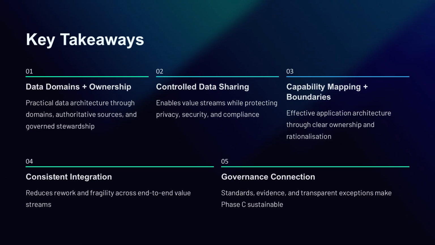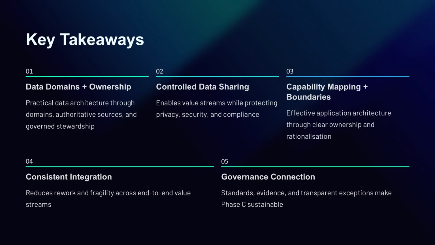Let's now discuss the key takeaways from what you learned so far so you can apply it immediately. You learned that Phase C information systems architecture is where you create data and application direction that makes business architecture executable and sustainable. You learned that data architecture becomes practical when you define data domains, establish authoritative sources, and assign ownership and stewardship that can be governed. You learned how controlled data sharing enables value streams while protecting privacy, security, and compliance risk. You learned that application architecture becomes effective when you map applications to capabilities, define clear boundaries, and rationalize duplication through accountable portfolio decisions.